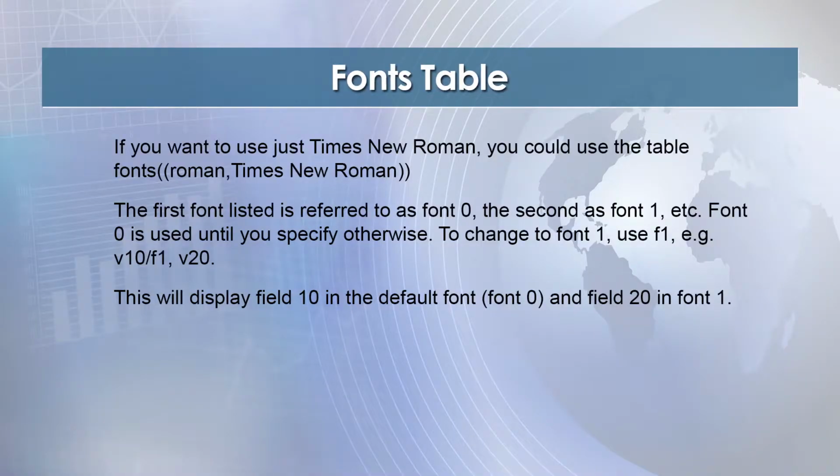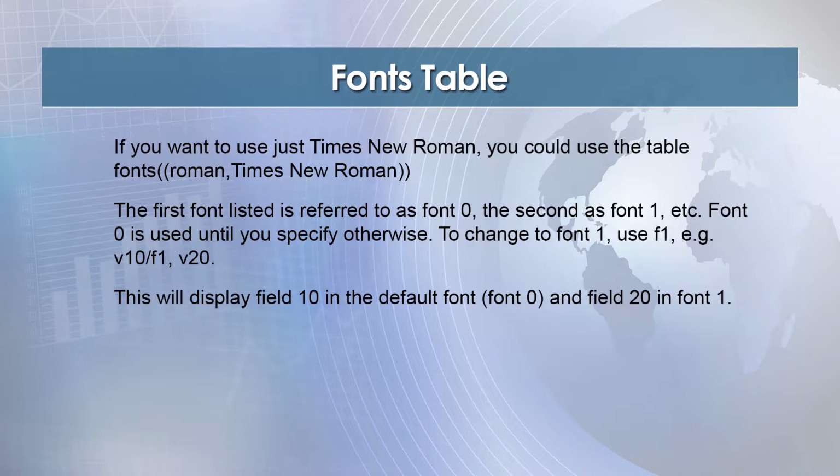You can consult that, and depending on your requirement, depending on your choice, you can call a particular font family to display your paragraph or your field in a particular style. Say for example, I want to display V10 / f1 V20.